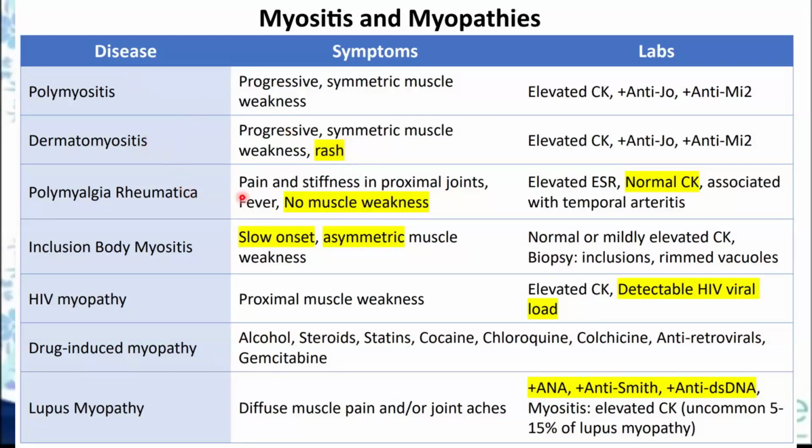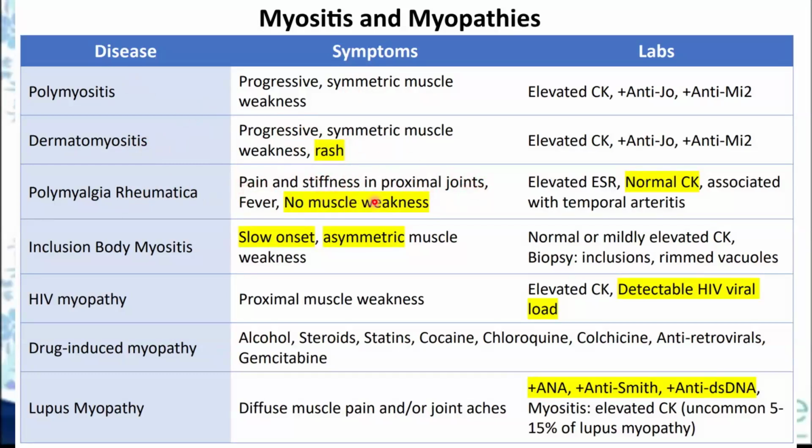Then if they say pain and stiffness instead of this muscle weakness, in polymyalgia rheumatica, it's the joints, right? It's the same region, the shoulder and the hip. Here it's the joints. So the proximal joints are affected, mostly bilateral shoulders, bilateral hip joints, and there you get pain and stiffness.